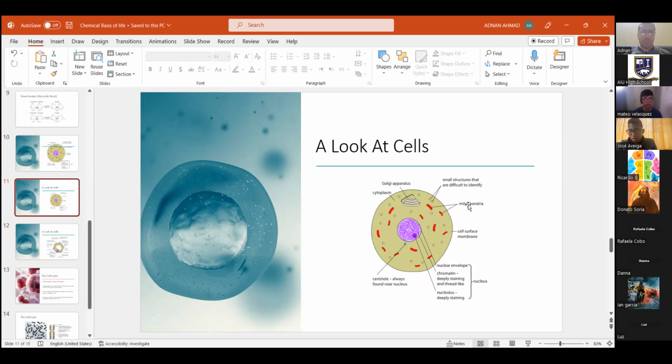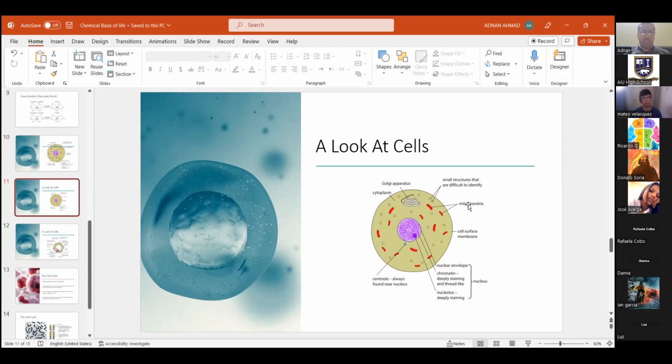These biomolecules finally reach the mitochondria, where they are broken down and release energy. So mitochondria is basically the powerhouse of a cell.